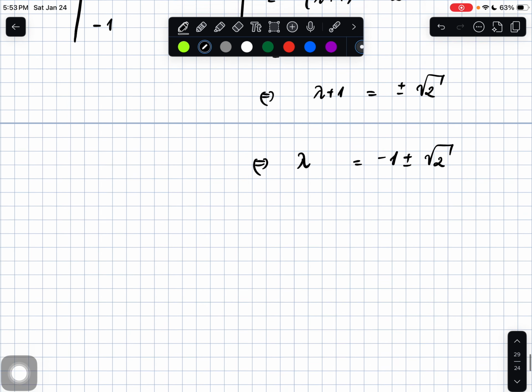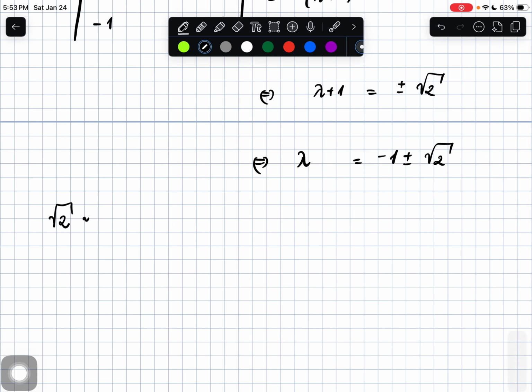Root 2 approximates 1.414. So we have lambda 1 is approximately 0.414. Lambda 2 is minus that, so we have minus 2.414.